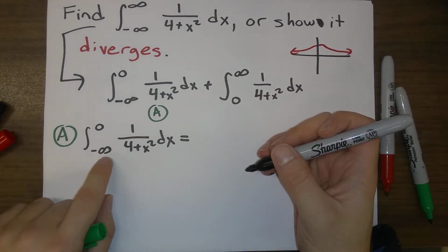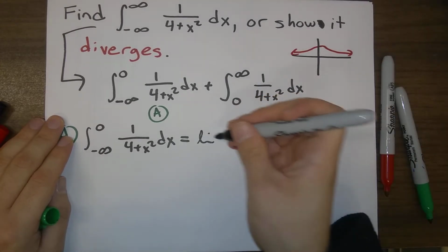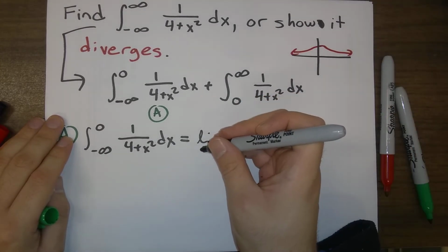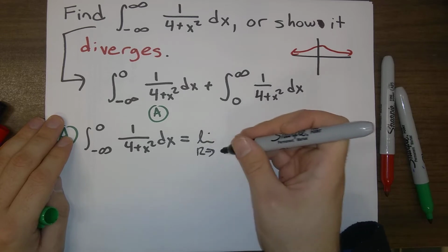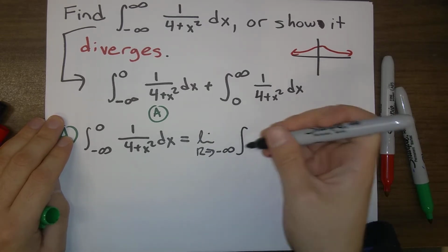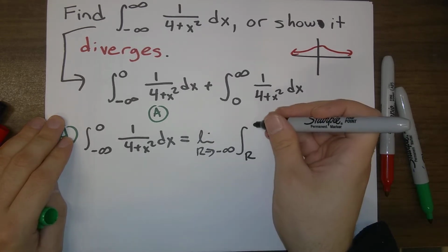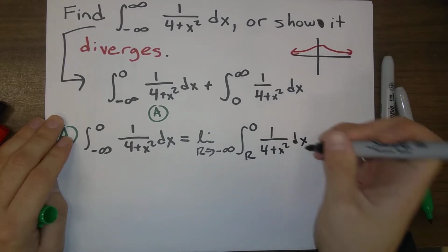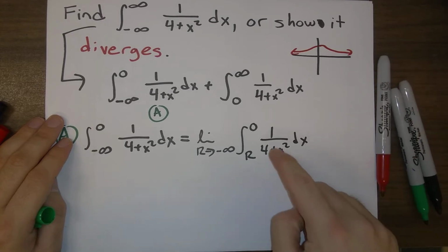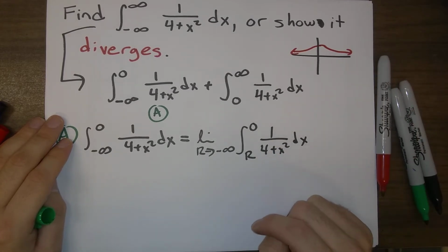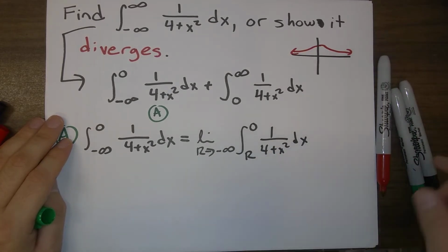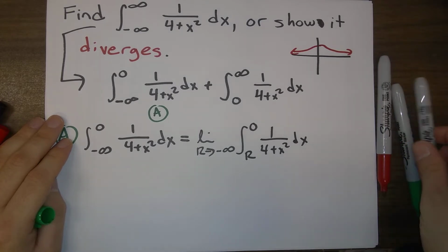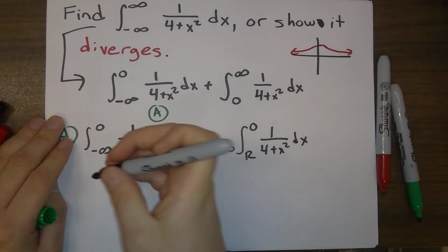So we're going to replace minus infinity with something that we are going to take a limit of, let's use r here. The limit as r goes to minus infinity of the integral from r to 0 of 1 over 4 plus x squared dx. When we take the antiderivative of 1 over 4 plus x squared dx, we can do it with a tangent substitution, or it's a good one to just know off the top of your head.